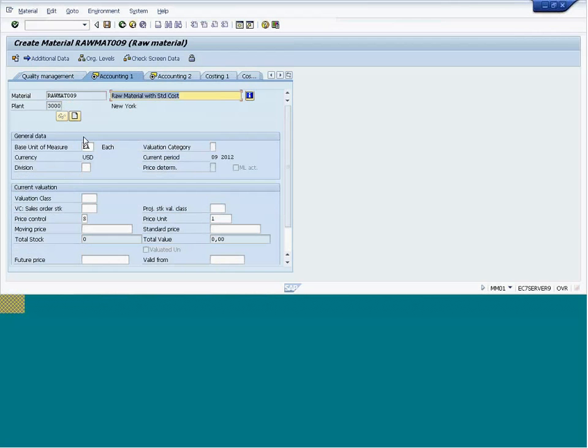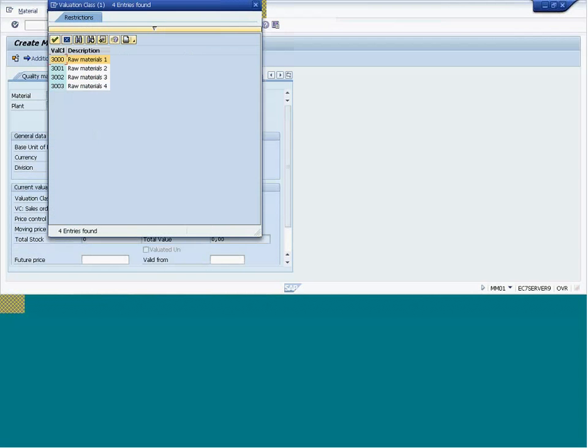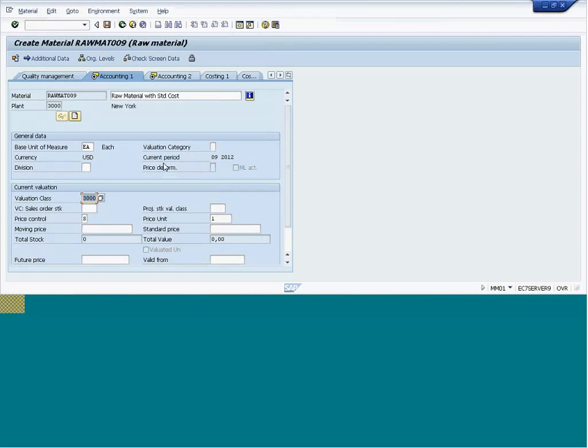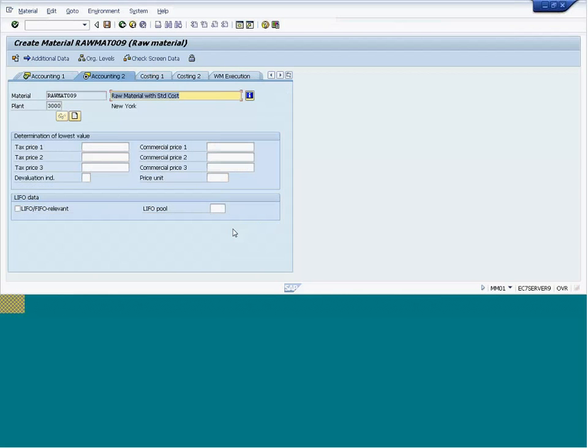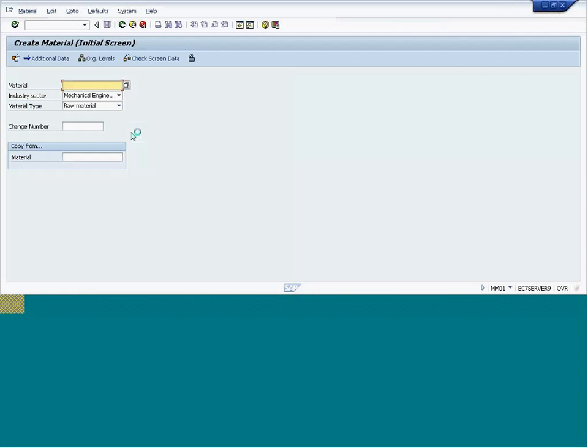Right here, by default SE is there, that's fine. We'll just take raw materials and enter the standard cost here. So maybe we can enter, let's say $100. And then that's fine. So once you enter it the first time, next time when you come here, you cannot change this. Okay, so that is done.